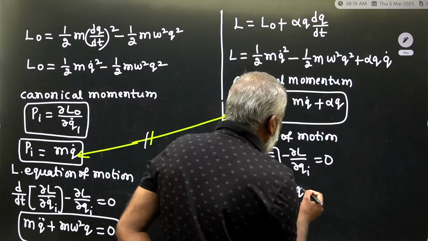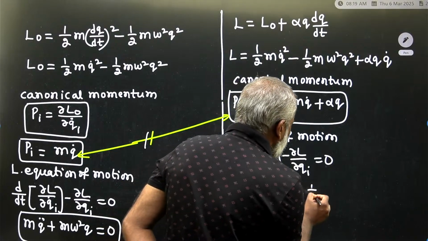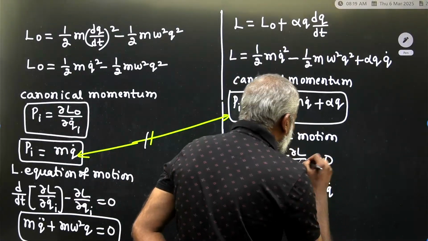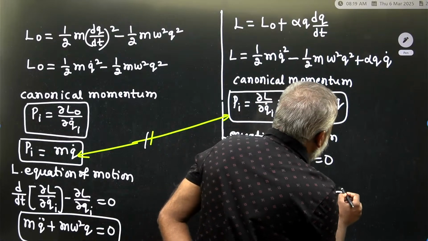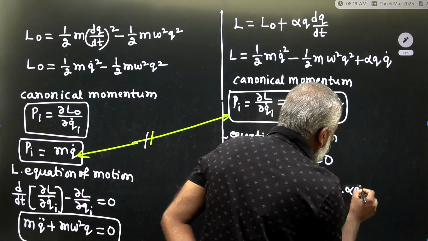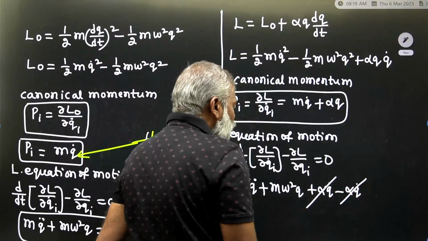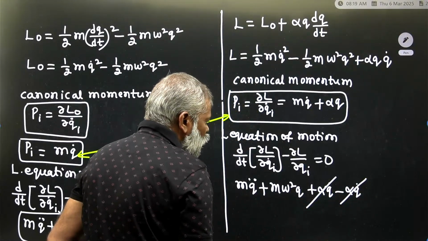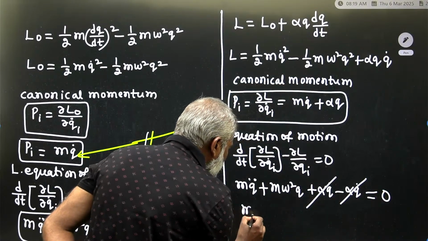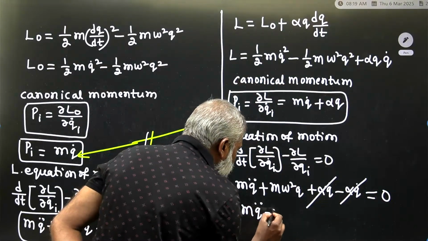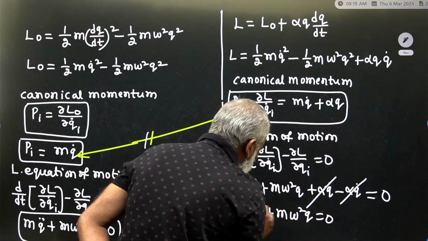And again here you have alpha into q_i dot. So again you take minus alpha into q_i dot, plus alpha into q_i dot minus alpha into q_i dot, which cancel. So therefore m into q double dot plus m omega square q is equal to 0.